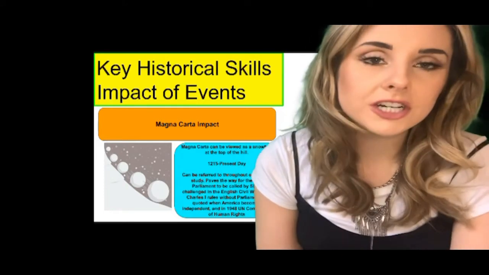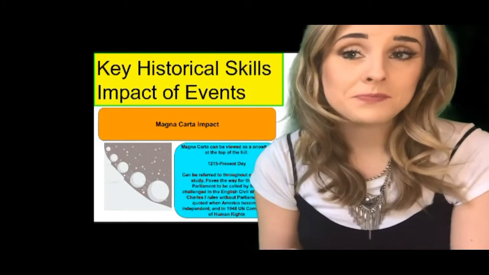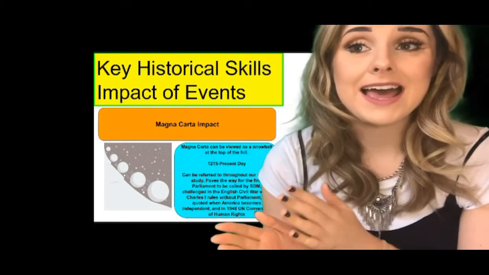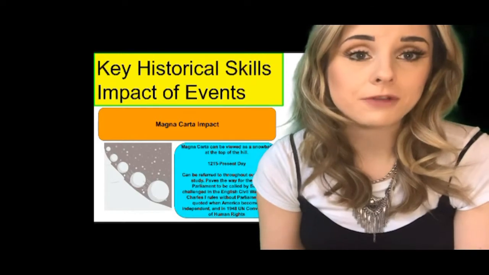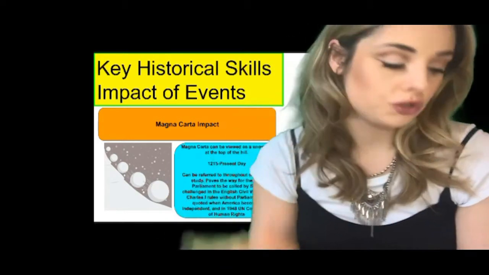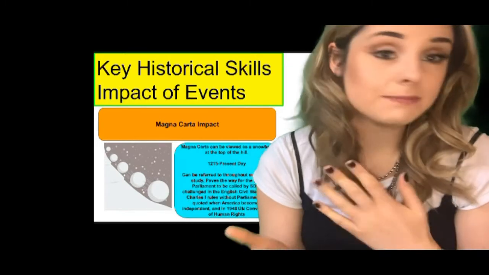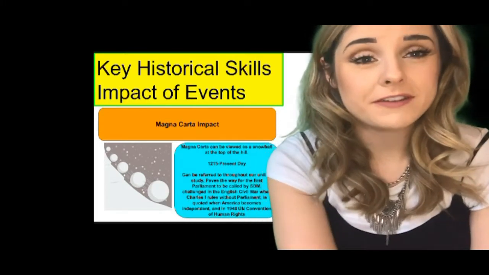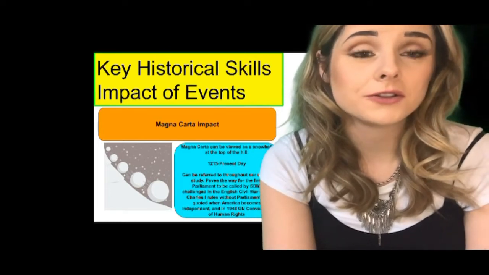It's not just important at the time for why it happened, but when we're talking about impact, it has a lasting impact throughout history, and particularly throughout the Power in the People module. So it spans over 1,000 years.